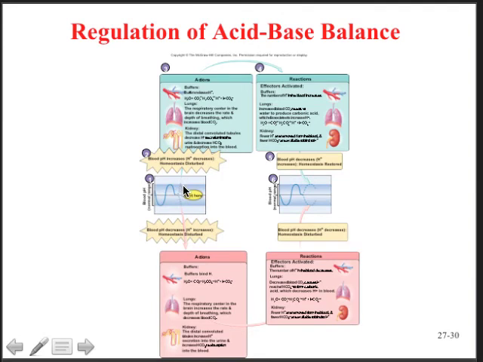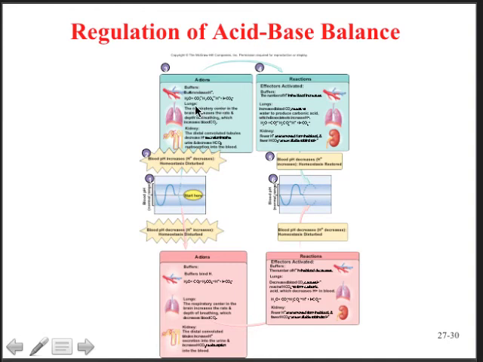We do this by a series of reactions that are going to acidify the blood plasma and, by extension, the tissue fluid. In the blood, we're going to shift the equilibrium reaction that forms carbonic acid to the right. The result is going to be the production of more carbonic acid, which will result in the production of more protons, and this will have the effect of lowering the pH.